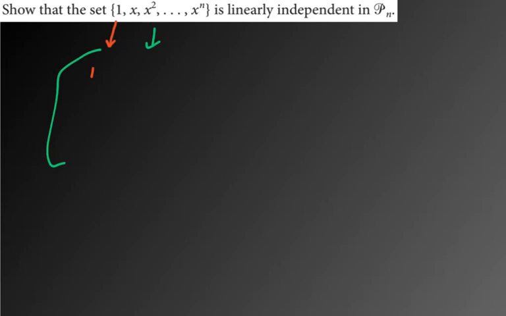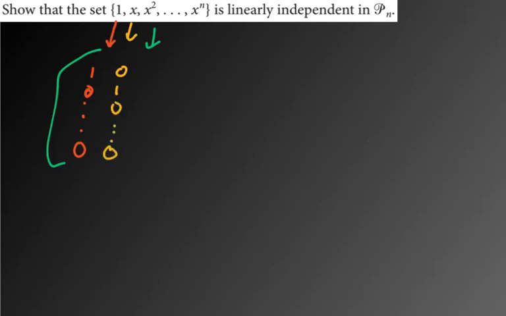So we have 1 in the constant for that first vector, and then nothing for x, nothing for all the others, all the way up to nothing for the nth one. Then for x we have 0, 1, and then a lot of nothings.